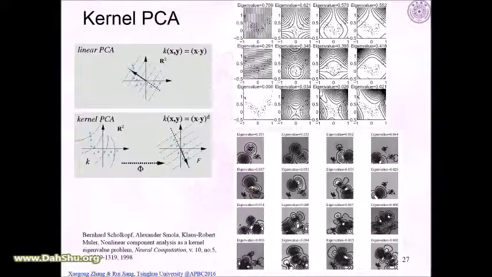I think this is interesting. We have 3 clusters of data. The Gaussian kernel will have multiple principal components. The first kernel component discriminates this cluster from this cluster. The second discriminates this cluster from the other 2 clusters.